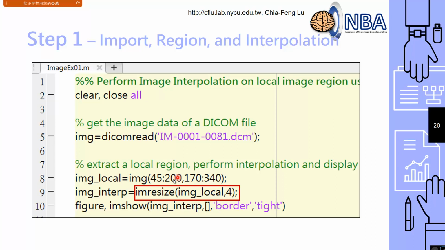So we're not going to get the values from 45 to 200 and 170 to 340. No, we're not going to do this. You should allow your user to specify the range. For example, if the user inputs a row range like 1 to 10, then you should get 1 to 10. If the user inputs a column range like 100 to 200, then you should extract 100 to 200.